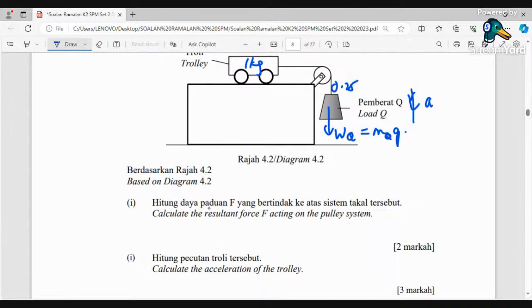So the resultant force is WQ only, because there is no friction. It equals 0.25 times 9.81.